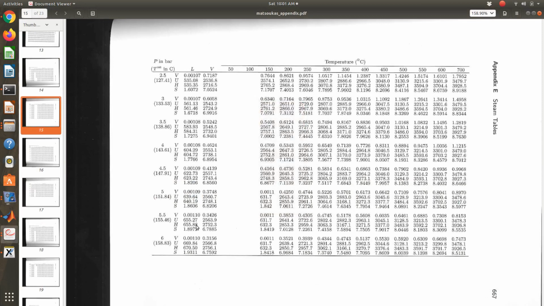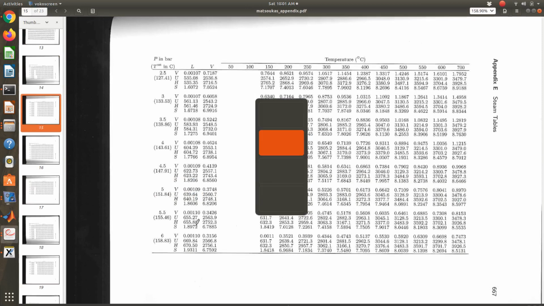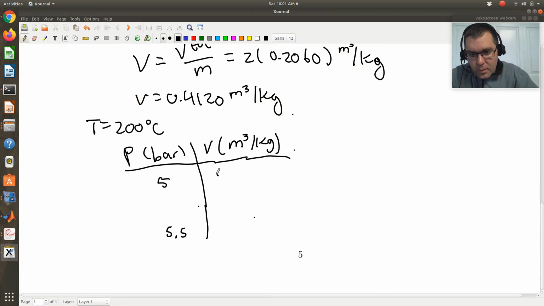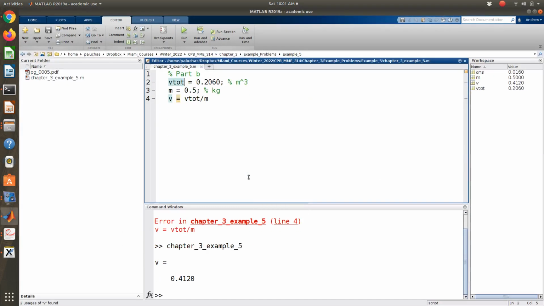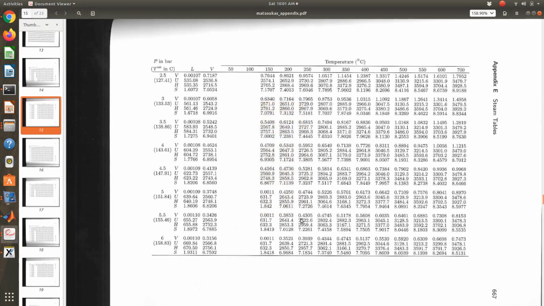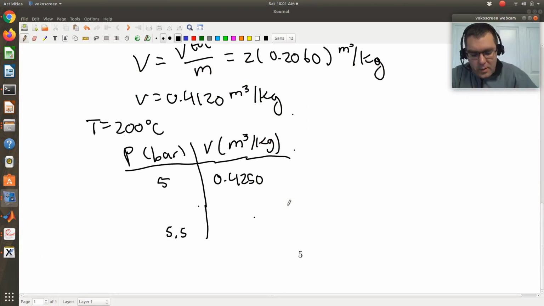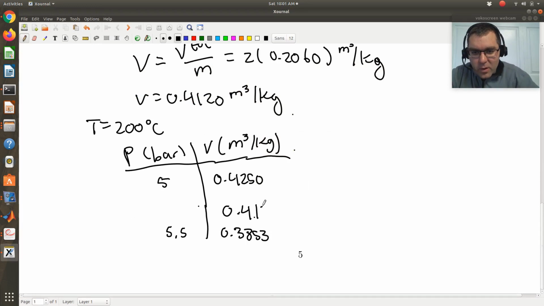At 5 bars, we have 0.4250. At 5.5 bars, I have 0.3853. So I'm somewhere in between, because my value is 0.4120. Let's find out what my pressure is.